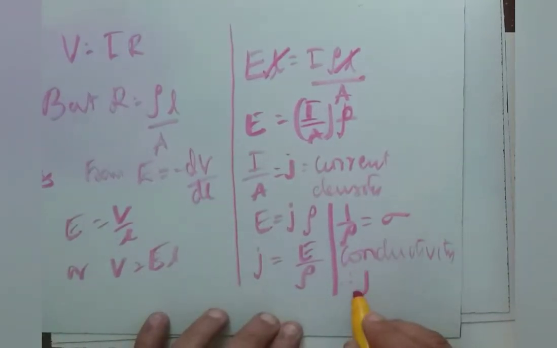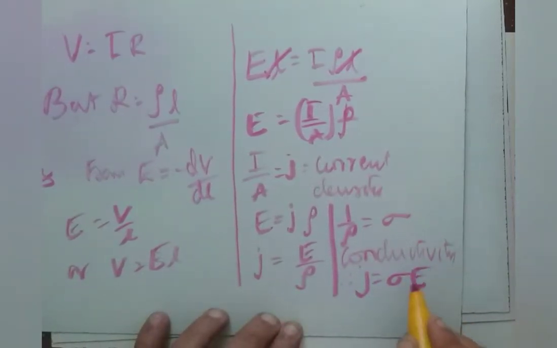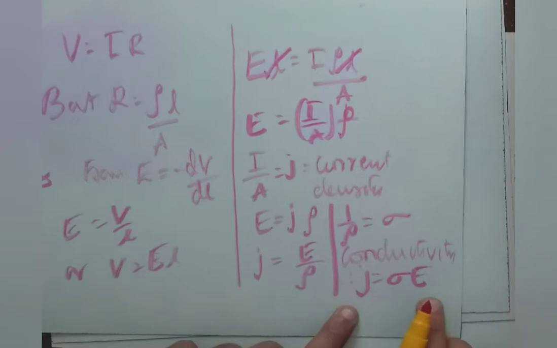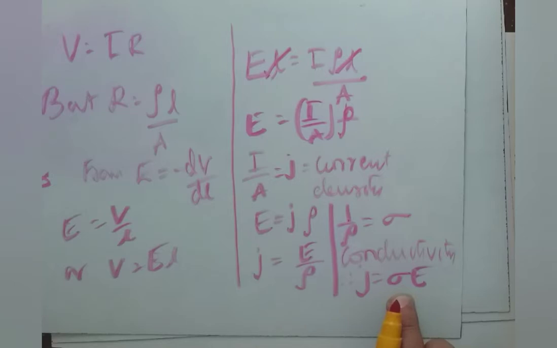Therefore, J equals sigma E. Observe, this is the vector form of Ohm's law. Because J is a vector, E is a vector, and sigma is conductivity, a proportionality constant. This is another form of Ohm's law, where current density is equal to conductivity into electric field.